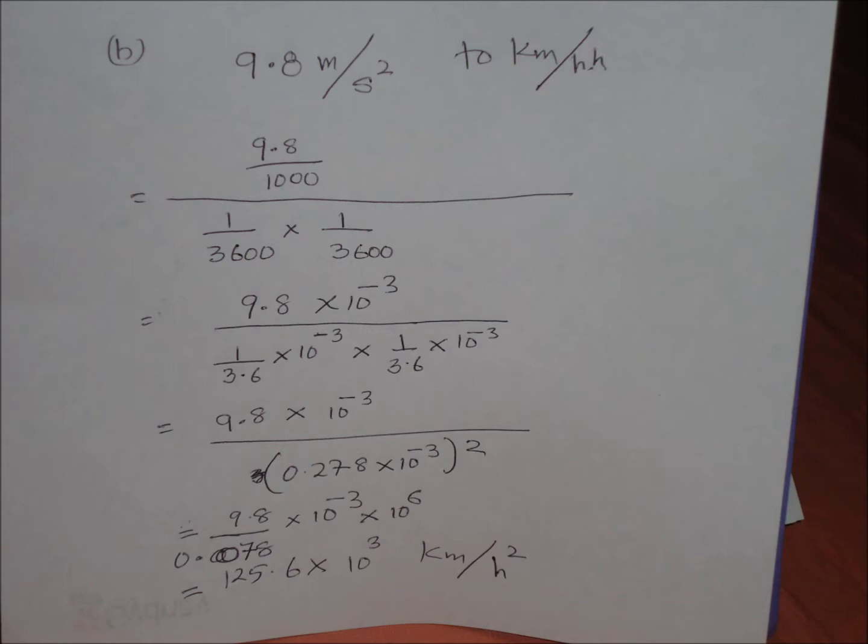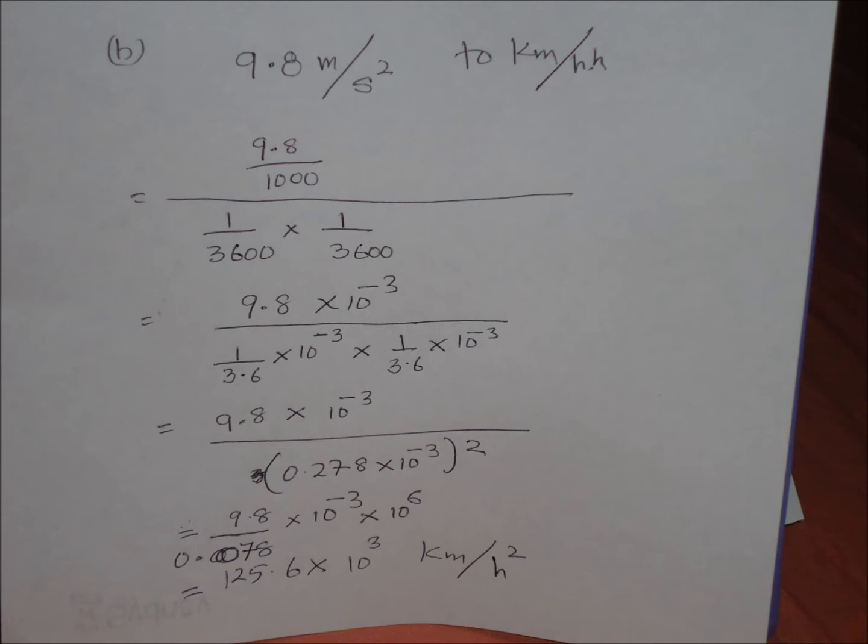So now we'll go back to the numerator of the first fraction, 9.8. The 1,000 in the denominator will become 10 to the minus 3 in the numerator, and then below that, 1 on 3,600 is the same thing as 1 on 3.6 times 10 to the minus 3, because there's 1,000 in the denominator, which becomes 10 to the minus 3 in the numerator again.